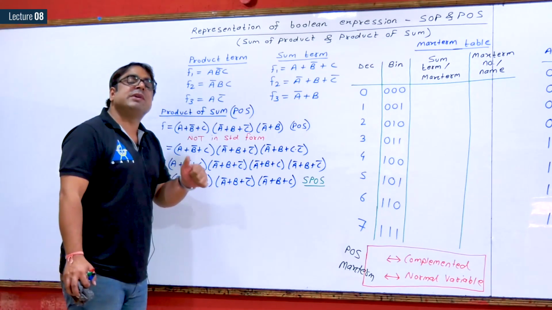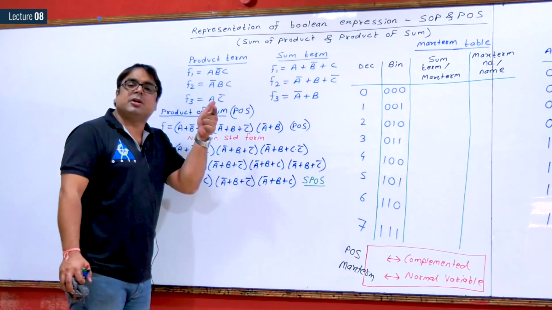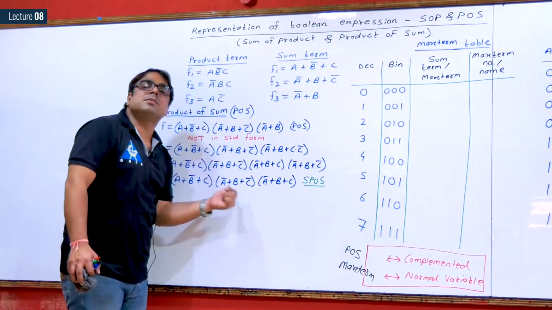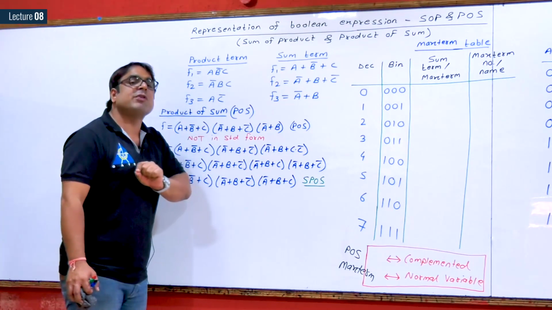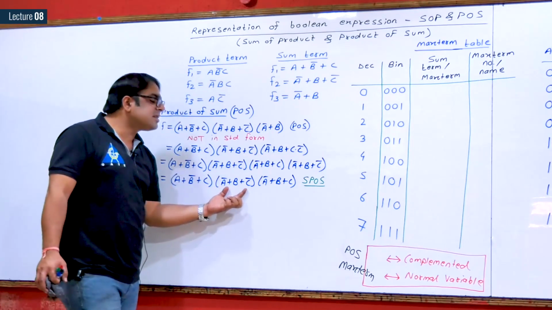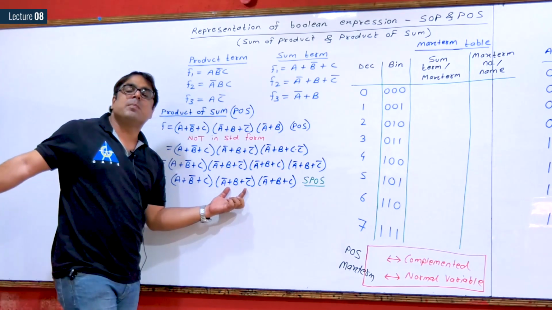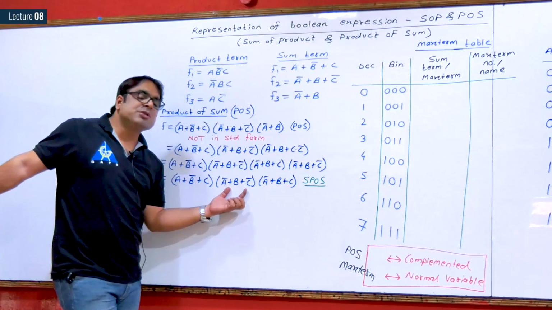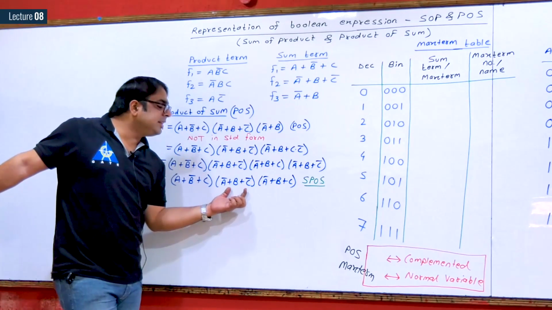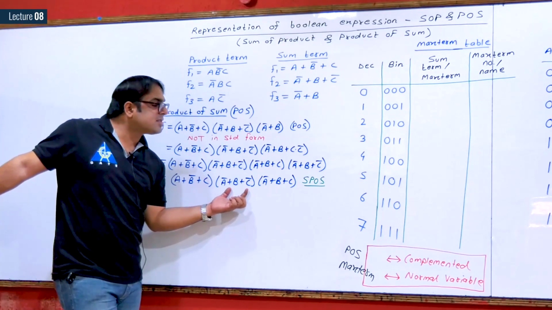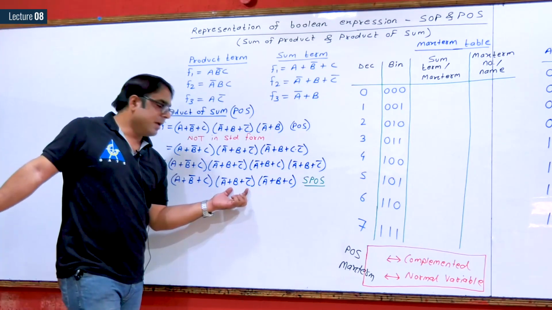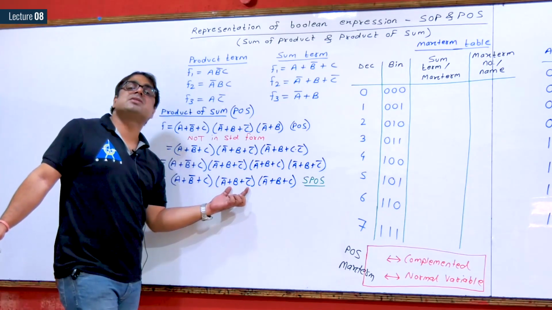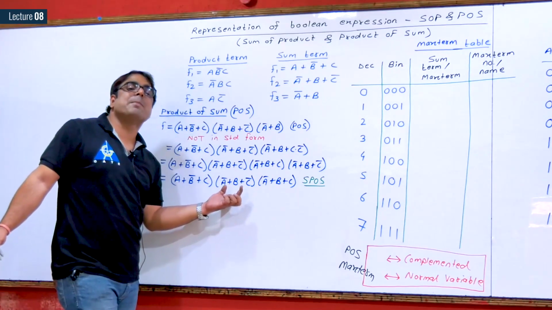Now, as we were calling product terms min terms, here sum terms will be called max terms. So the definition of a max term is: all these sum terms in standard POS are called max terms.